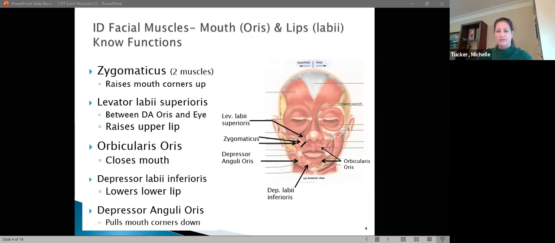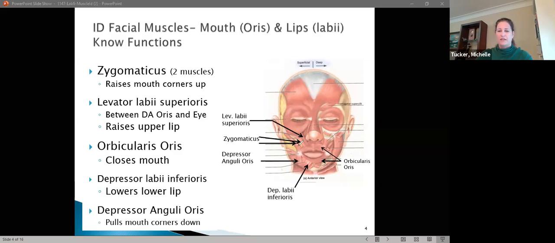To go along with taking great selfies, there's buccinator over here, it's very deep. And then we have two zygomaticus muscles. We have minor on top, and then we have major over here. So the zygomaticus muscles are going to be responsible for what's called genuine smiling.